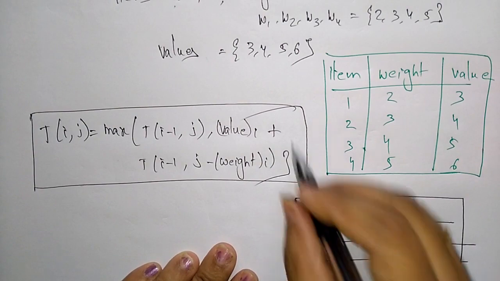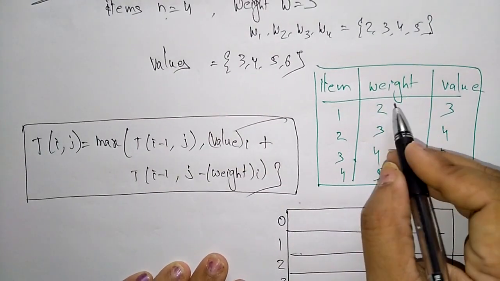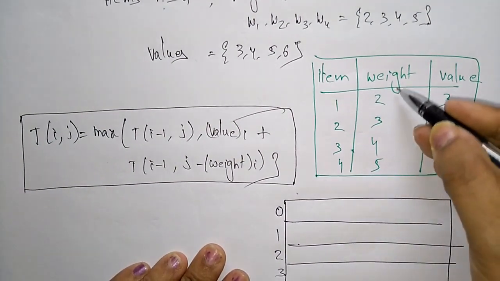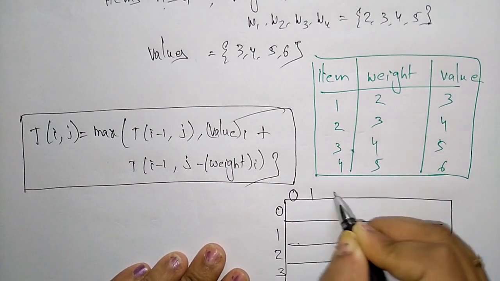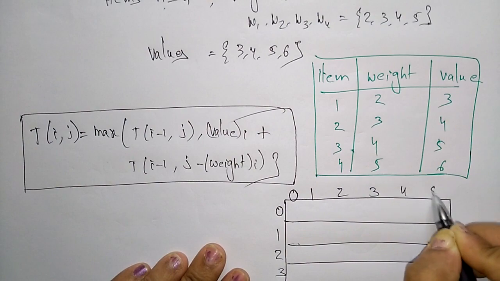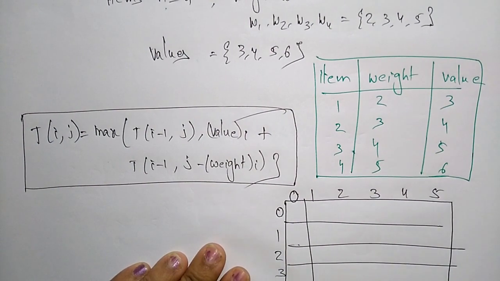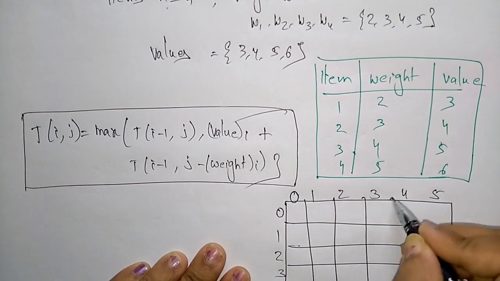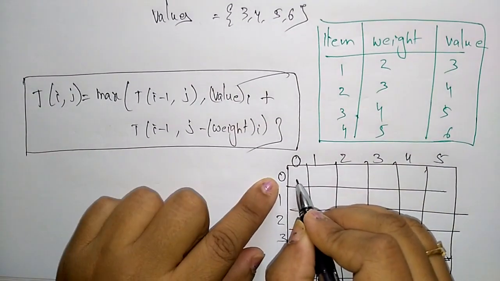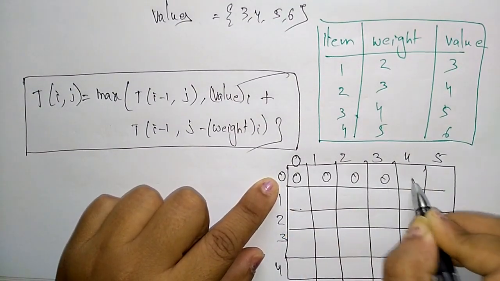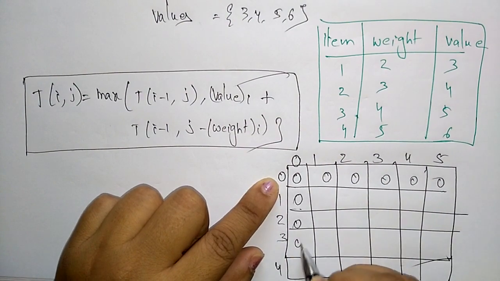And the weights go 0, 1, 2, 3, 4, 5. Okay, the starting value for the 0 row is 0, and you may mark it as all zeros.